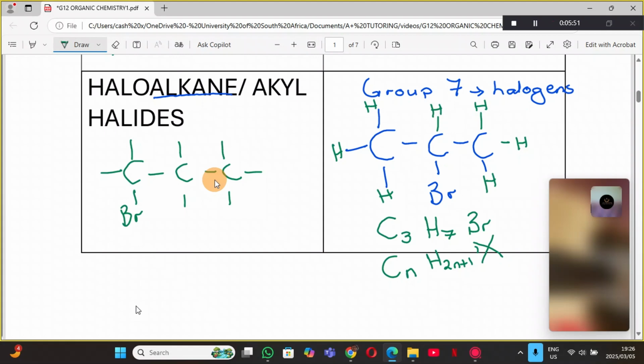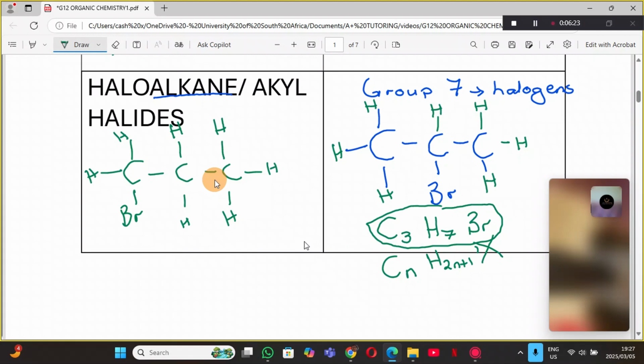Consider my lines as H, because I may go on just writing the lines without writing the H. It's time consuming, so consider the lines as just H. If we are to do this one, are they not the same thing? It will be the same.